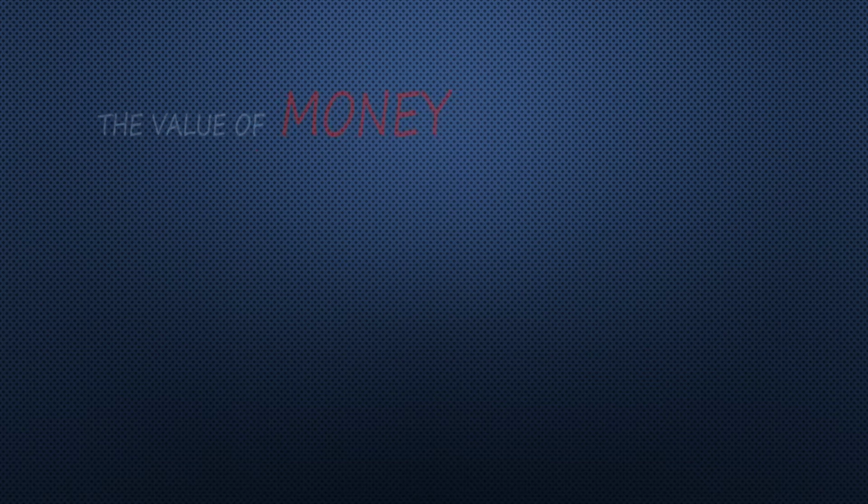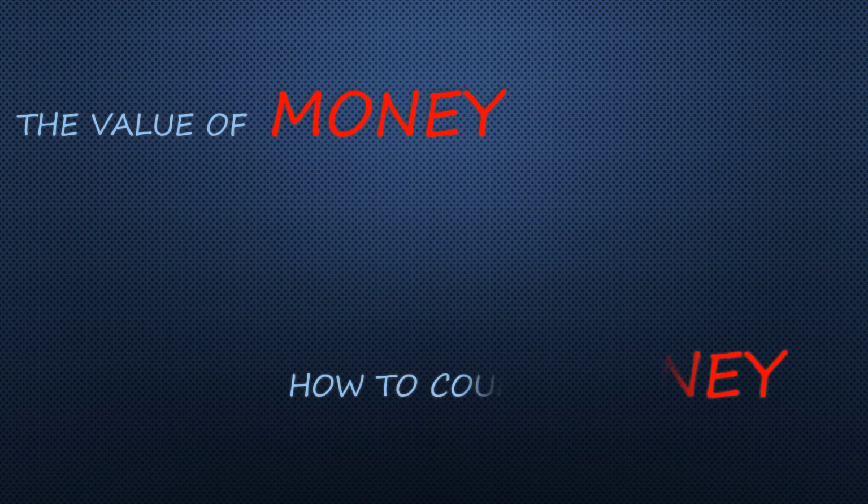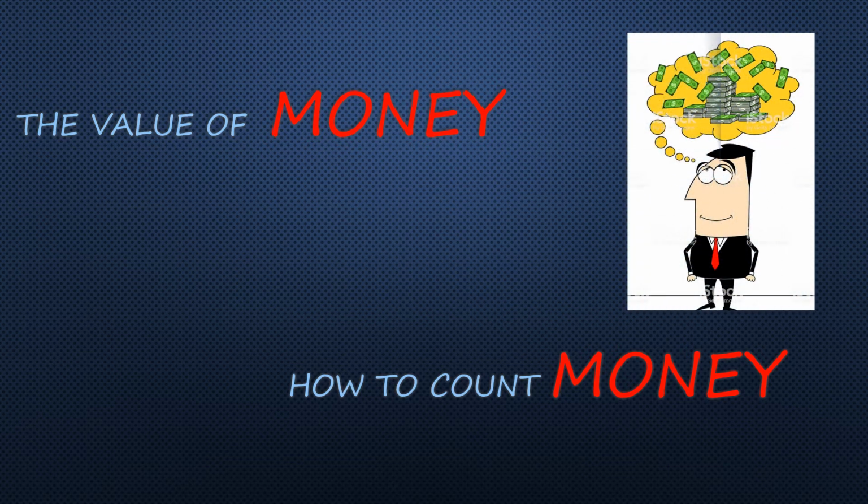So, we have now learned the value of money. Now we're going to learn how to count any amount of money so we can buy anything we need or want. It's so simple, primary one. It's just like numbers. When I tell you 1 plus 1, what is the answer? 1 plus 1 equals 2.